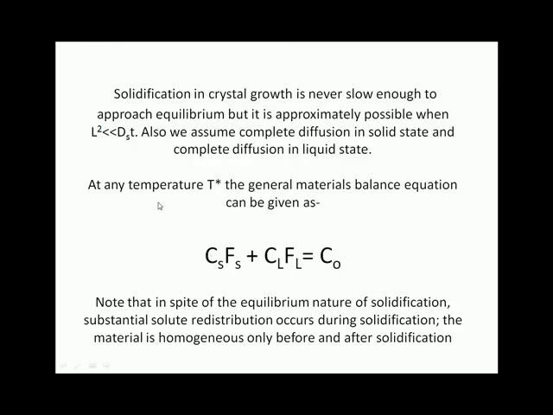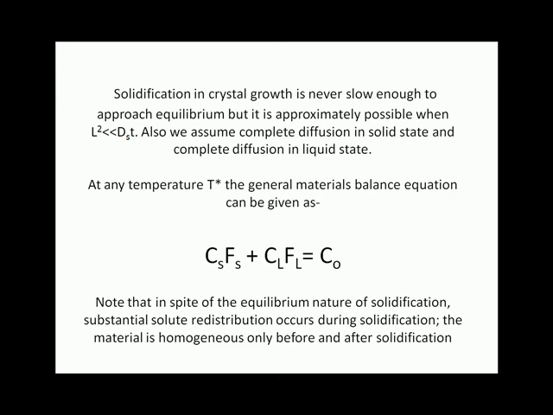However, solidification in crystal growth is never slow enough to cause equilibrium solidification. But if we assume L squared is much less than DS t, where L is the length of the liquid being solidified, DS is the diffusivity in solid and t is time, then there is complete diffusion in solid.